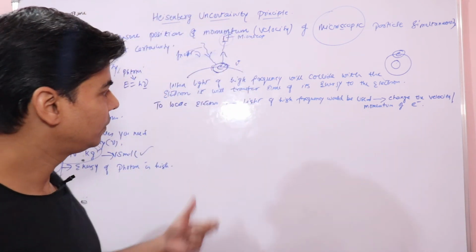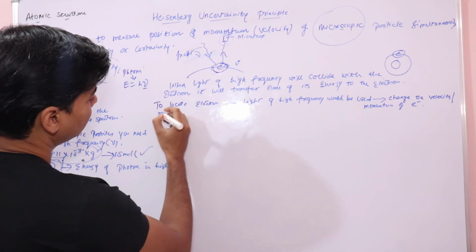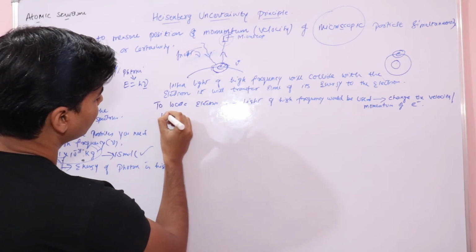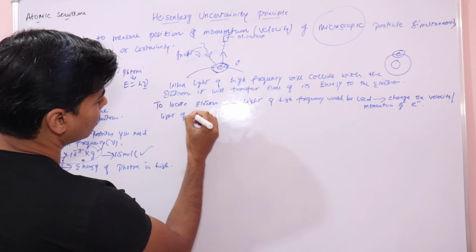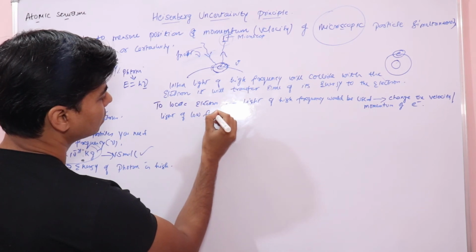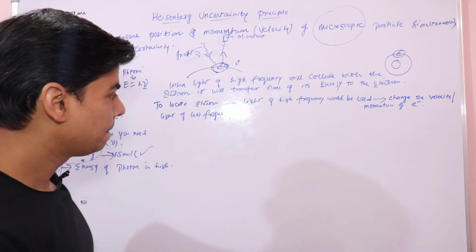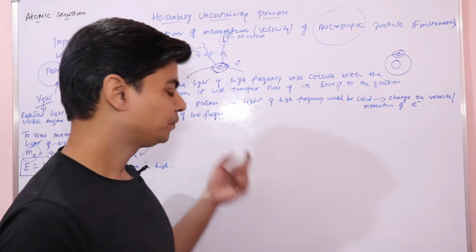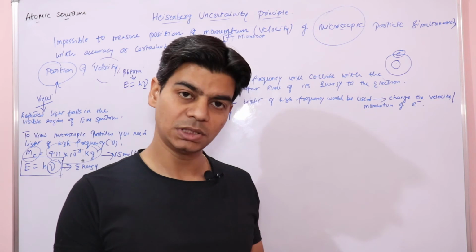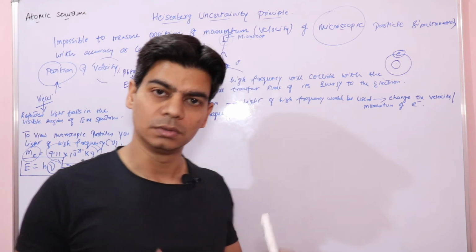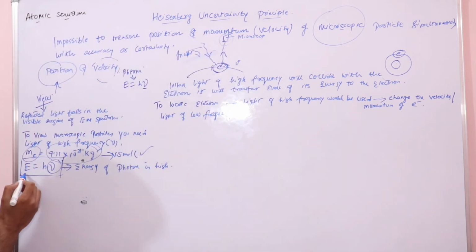Now let's take the other way around. Let's use light of low frequency. The light of low frequency would not be able to change the position and momentum of the electron because it has less energy.